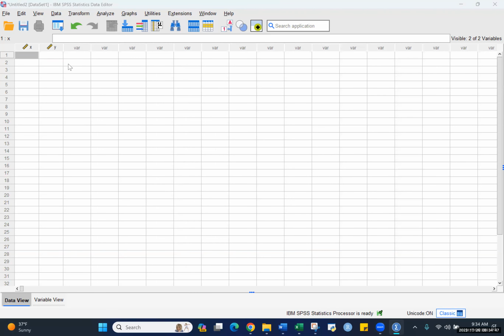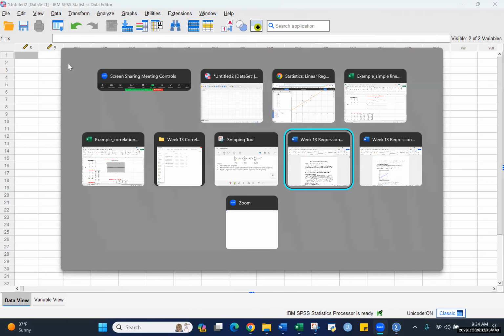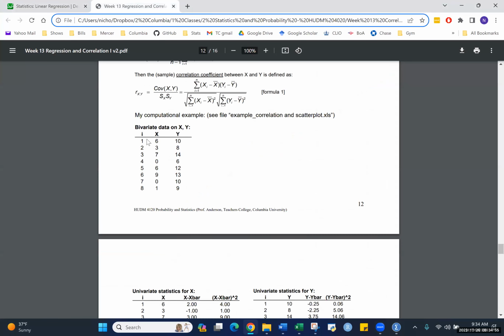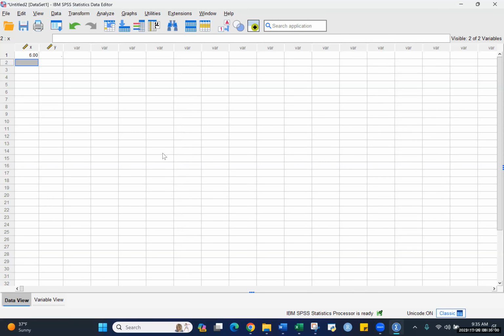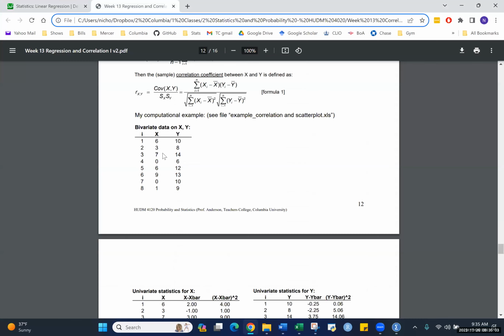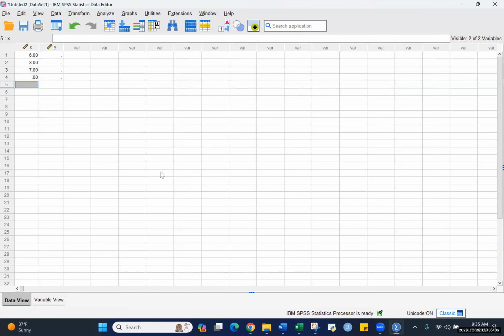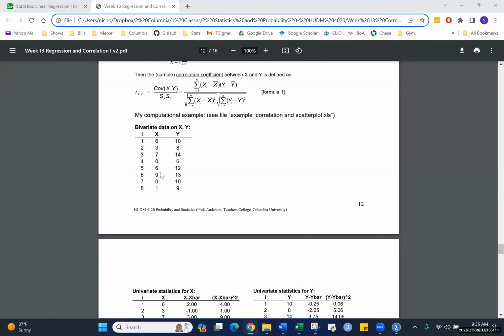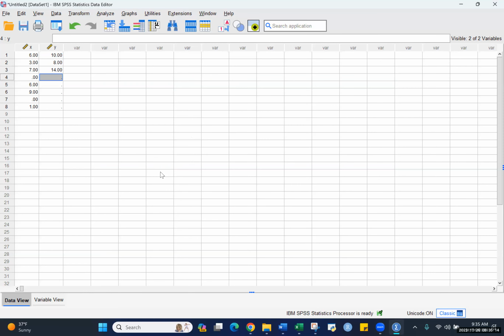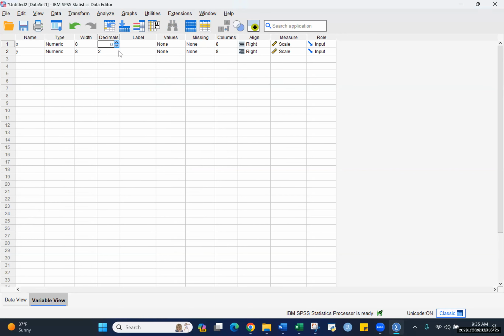I think you could actually just start inputting data there, but what I need to now do is just take the data from the problem. 6, 3, 7, 10, 8, 14, 6, 12, 13, 10, 9, and you'll notice it's got two decimals, and you can just make those 0.